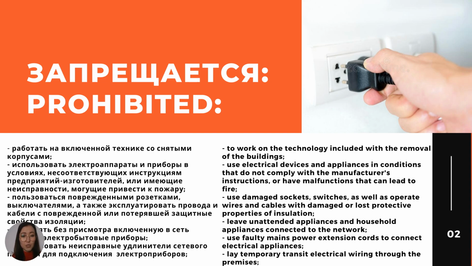And it's prohibited to leave unattended appliances and household appliances connected to the network. Use faulty mains power extension cords to connect electricity appliances, and it's prohibited to lay temporarily transit electrical wiring through the premises.